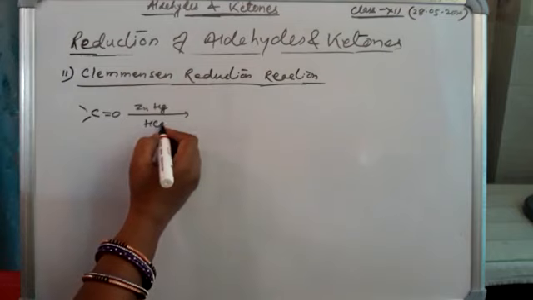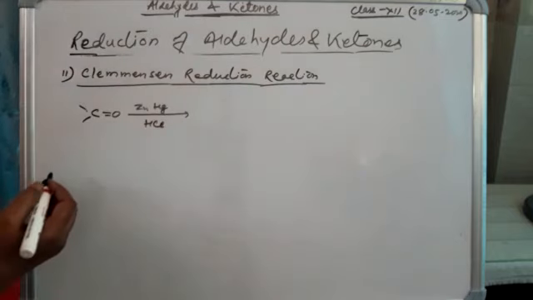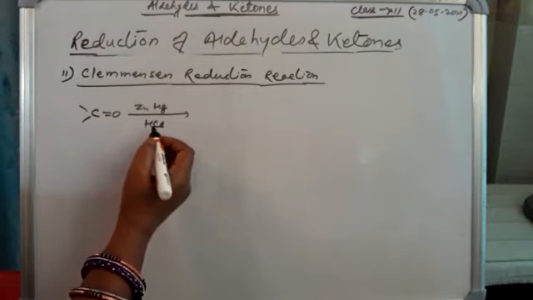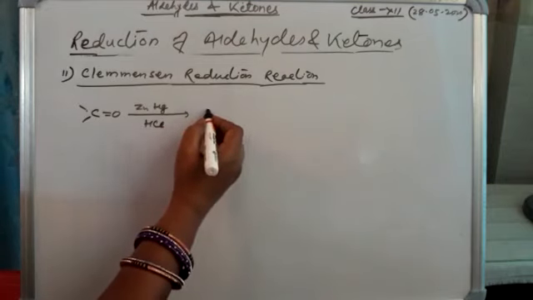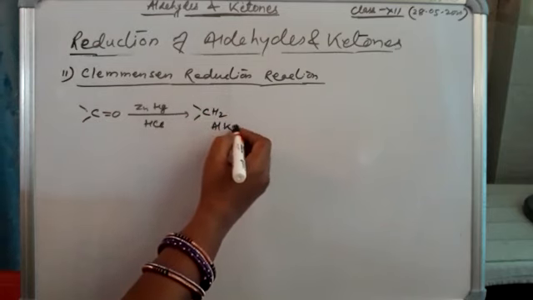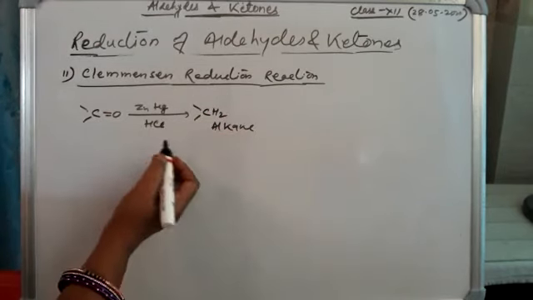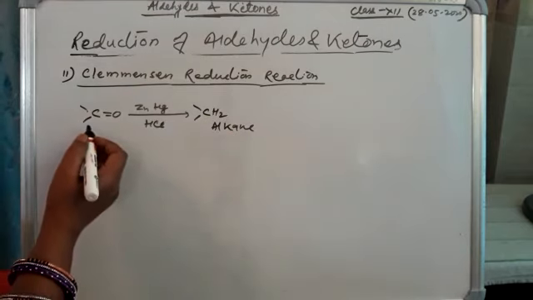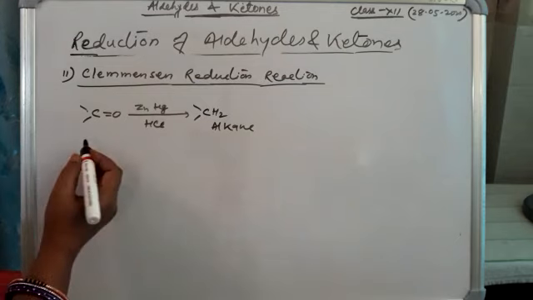Most organic reactions take place in basic medium, but some reactions take place in acidic medium. So the formation of alkane takes place. This question has also appeared in board exams this year: conversion of carbonyl group to alkane.